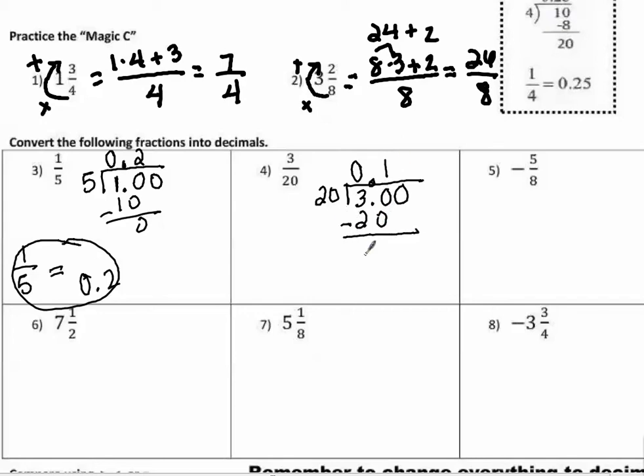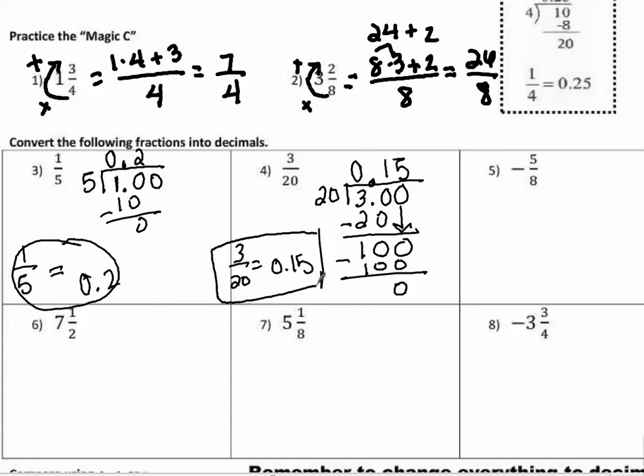Subtract. 30 minus 20 is 10. Bring down your 0. 20 goes into 100 5 times. 5 times 20 is 100. You get 0 remaining. So your answer, 3/20 is equal to 15/100 as a decimal.